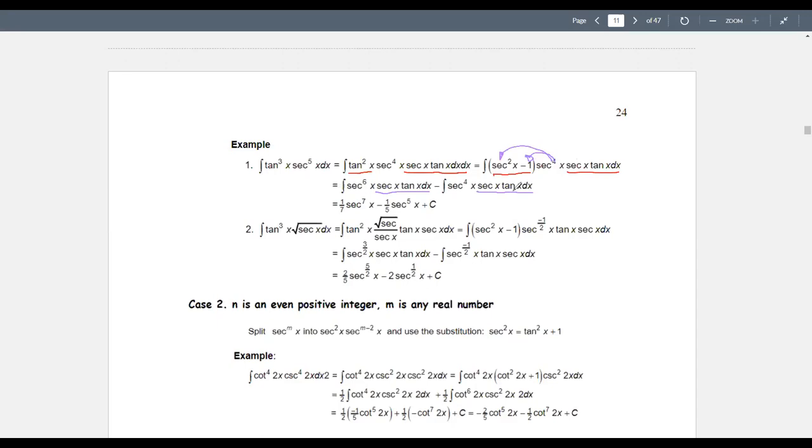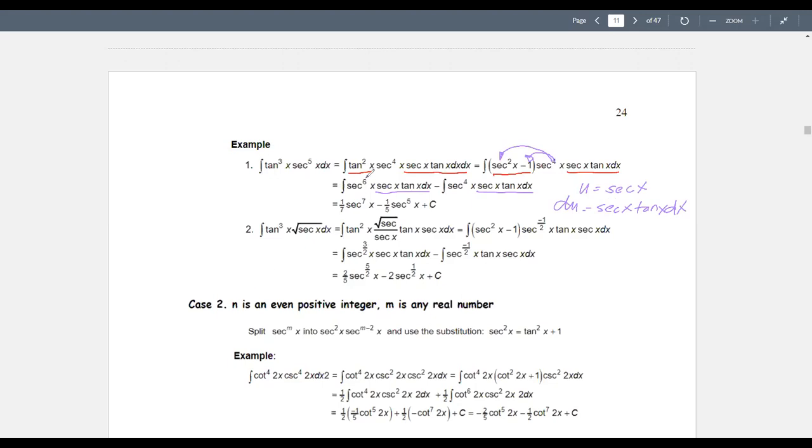I think majority probably already knows what's next. In these two integrals that you will process, your u is secant of x. Your du is secant x tangent x dx.